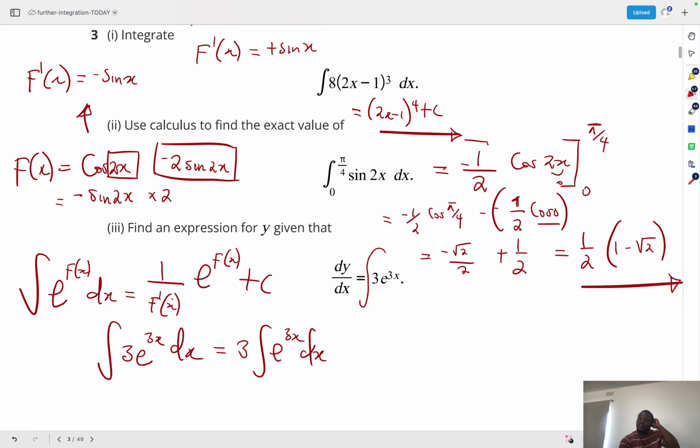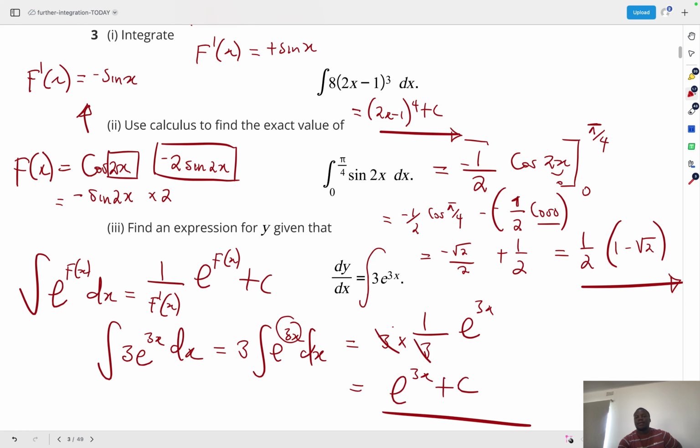Now going by this formula, I have to find the derivative of the function of x. So this simply means I'm going to have 3 multiplying 1 over the derivative of f of x, which is 3 here, and then e to the 3x, and that would divide to leave me with e to the 3x plus some constant c, since we are dealing with an indefinite integral.